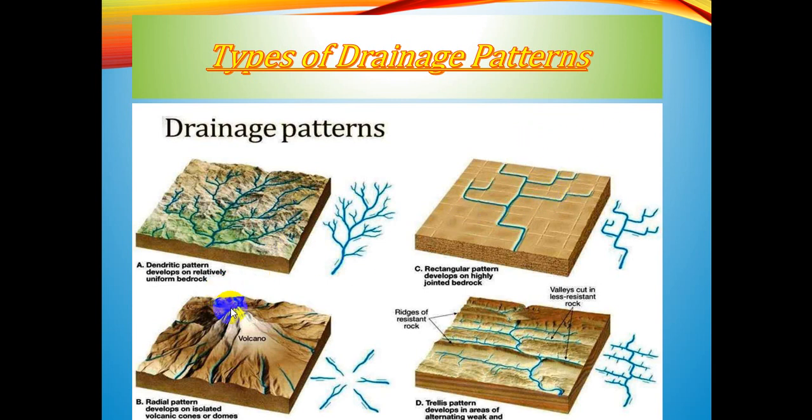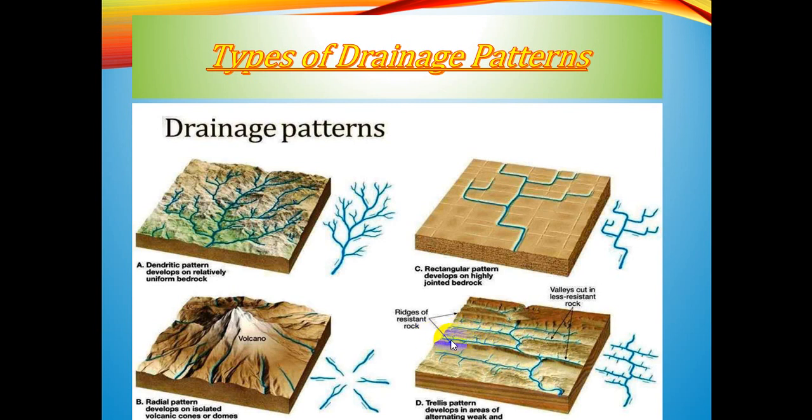Now just see, it's a volcanic domal unbreached structure, and from here the river originates and radiates out in different directions. See just this part, it is a radial pattern. And in another one here, the trellis pattern develops in the weak areas where we have alternate hard structure and alternate soft structure.